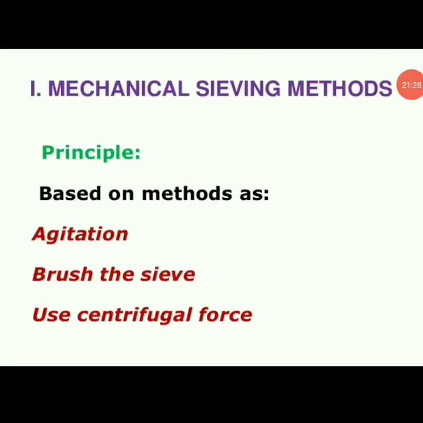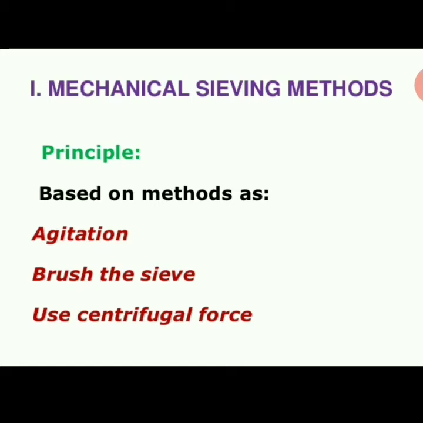Next point is modes of motion in size separation. In the size reduction chapter, we discussed the modes of size reduction such as cutting, compression, impact and attrition. These four modes are used for size reduction.